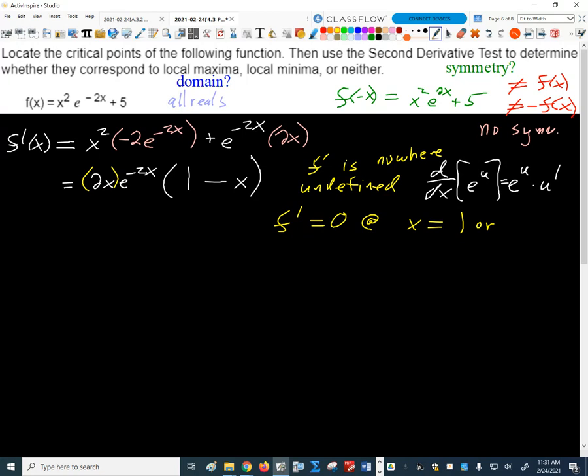If I were to set my derivative equal to 0, I set 2x times, I'm gonna divide it into a bunch of factors. By the zero product property, the product of that factor times that factor times that factor would equal 0 when that one equals 0. That's right. x equals 1, which is when that factor equals 0.